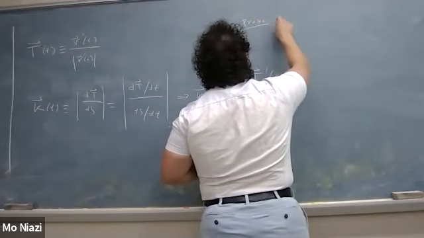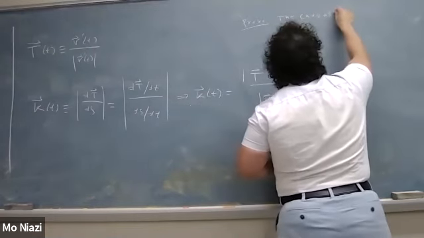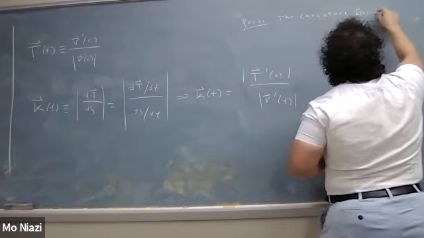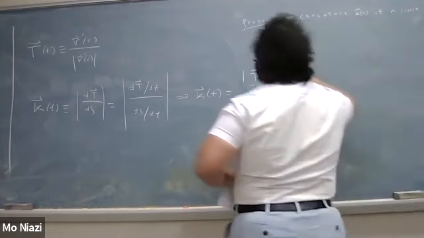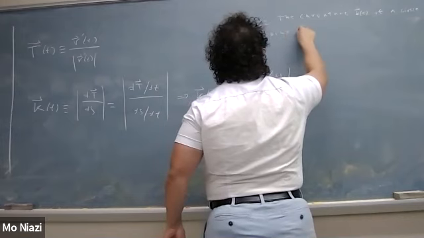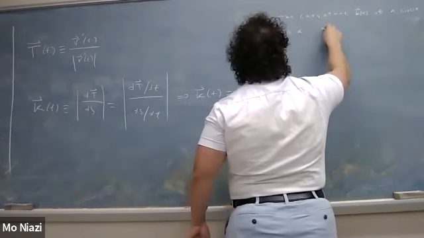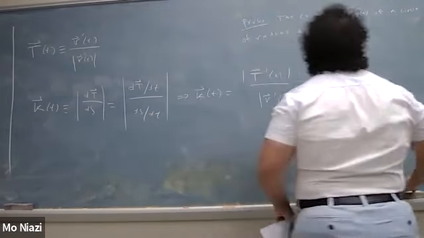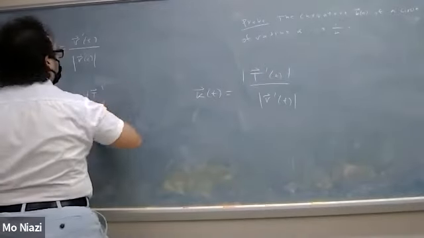Prove the curvature kappa of a circle of radius a is 1 over its radius. This is a very interesting result.